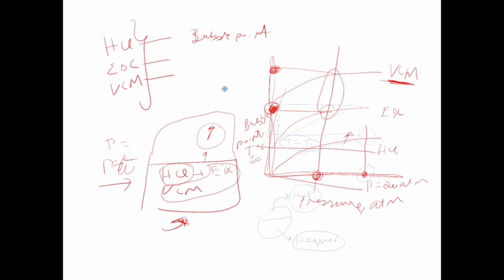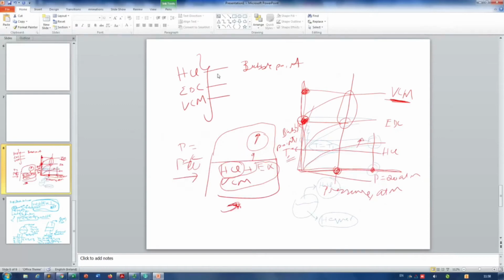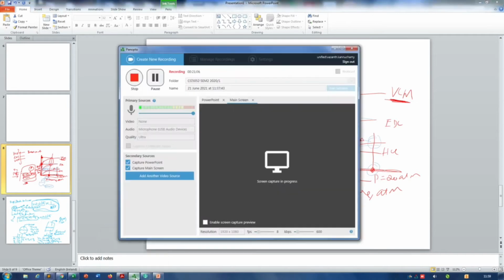So let's go back to our Aspen HYSYS window. I'm going to keep all this PowerPoint, whatever I'm writing. I know this handwriting is not great, but I will upload this in the Sulis anyway. Before that, let me check whether my microphone is recording my voice.